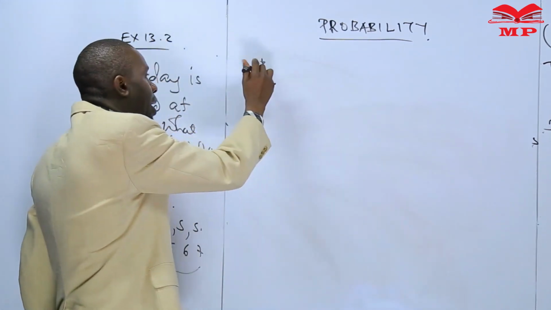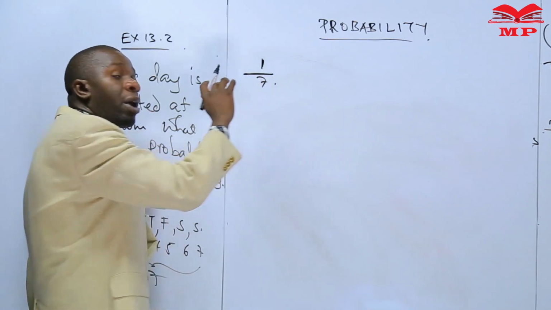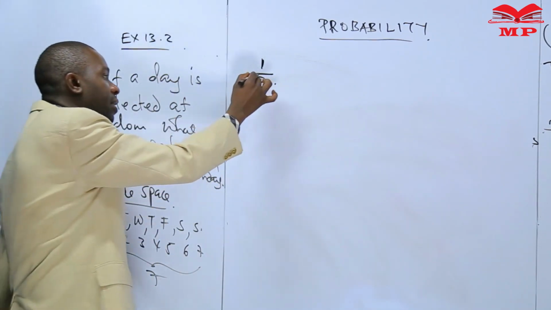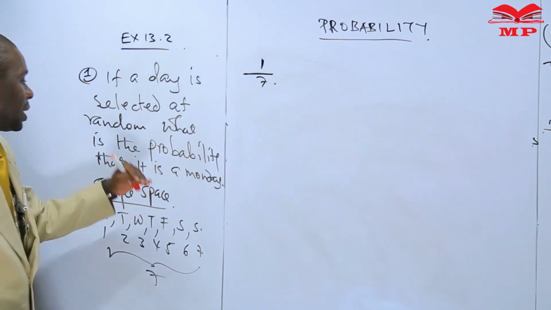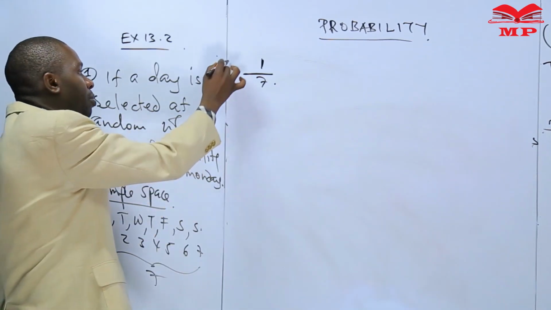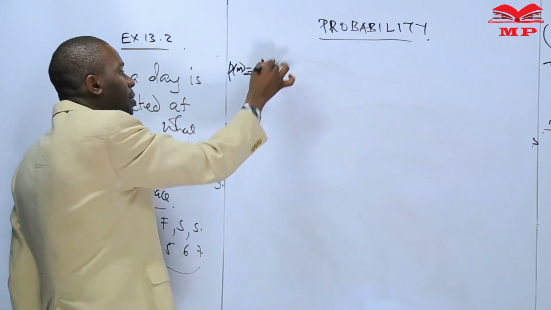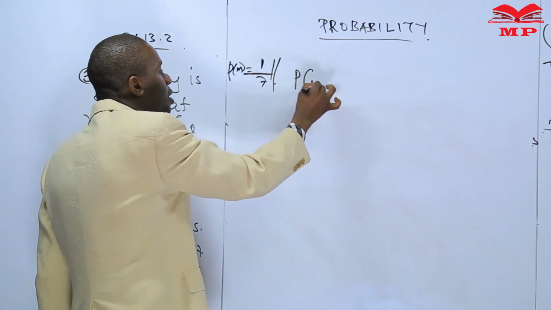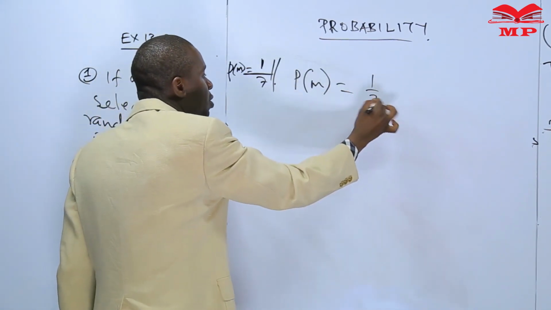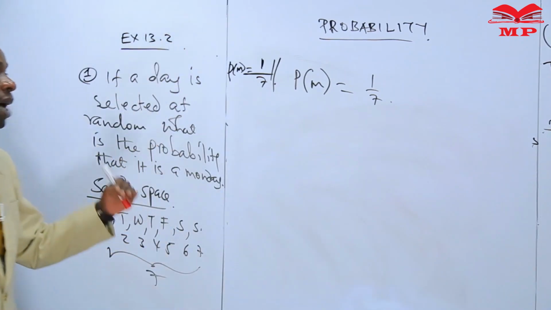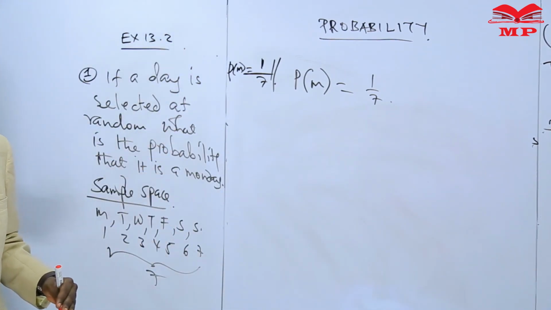Monday is one day. The total number of days we are dealing with is 7. So the probability of Monday is actually 1 out of 7.